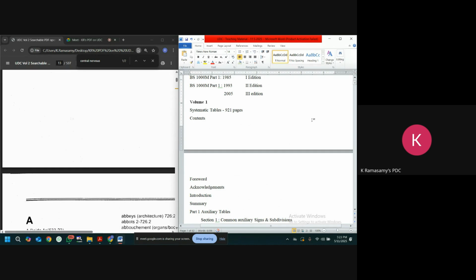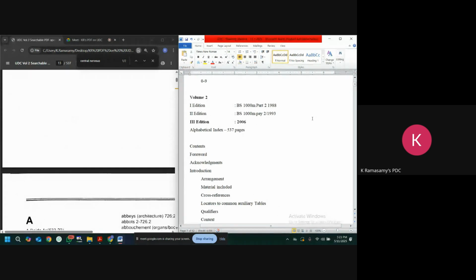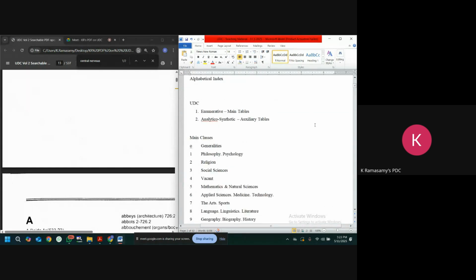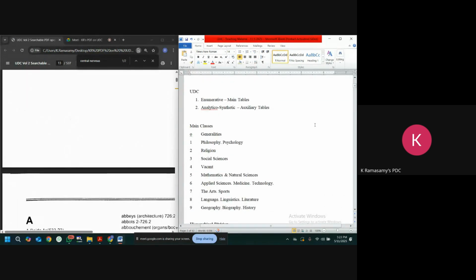So I have just told you and showed you the different parts of volume 1 and volume 2. People say UDC is a combination of both enumerative and analytico-synthetic features of a classification scheme. It is enumerative because all the main tables are available from 0 till 999, and various subject entries are already enumerated by the classificationist.